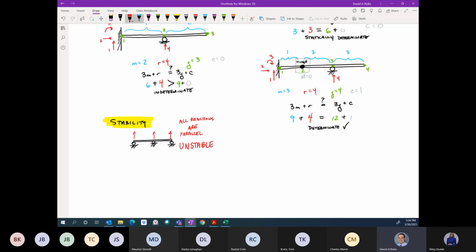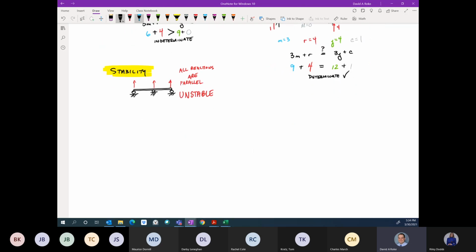The other common condition for a beam that would lead to instability, and it's also true of a truss, is this: in this condition, I've got my reaction forces here and my reaction force here, and all reaction forces are concurrent.